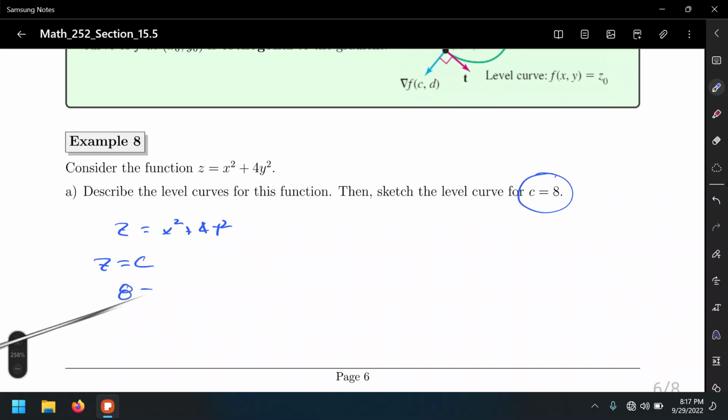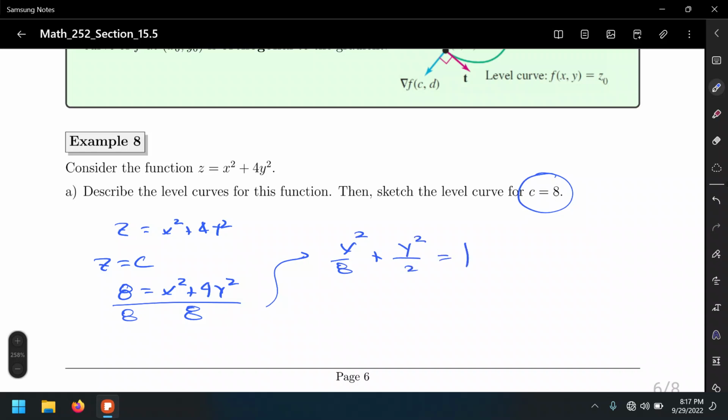So 8 equals x squared plus 4y squared. Well, if we divide both sides by 8, we should get x squared over 8 plus y squared over 2 equals 1.